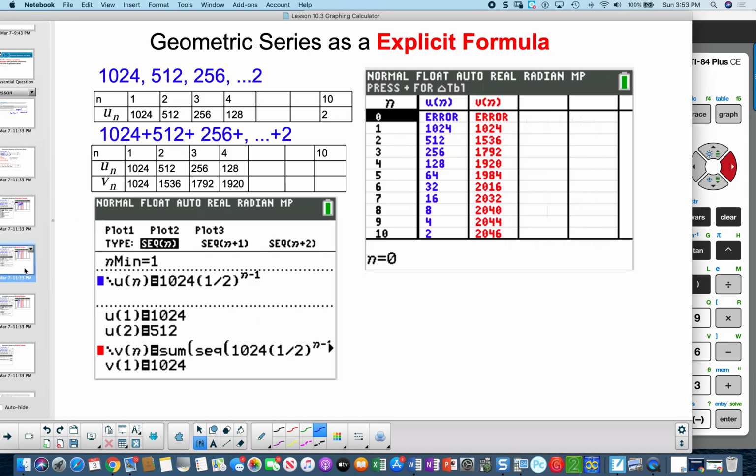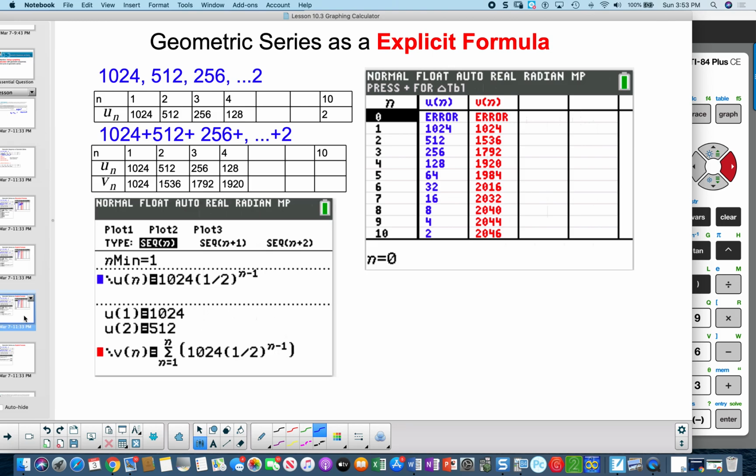Let's take a look at doing it with an explicit formula. With an explicit formula, we're going to use the first term times the ratio to the n minus 1. And when we look at writing a formula for the sum of the sequence, we'll write it in this fashion. I'm going to jump over to this other one, which is probably starting to be your favorite. Here's the explicit form, but this is the way we use our math formula to do that.